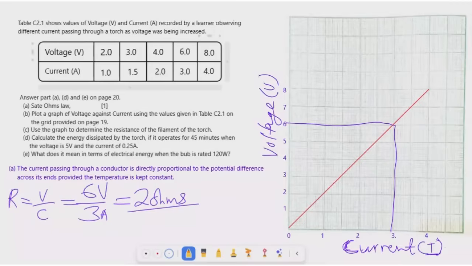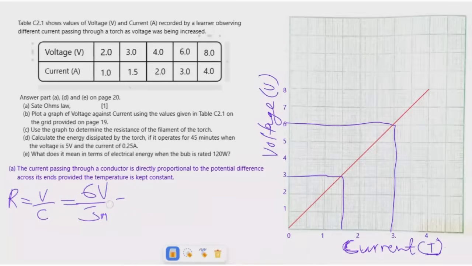In case you're asking, what if we use 3 volts? Where the line is at 3 volts, it's in the middle of 1 and 2, so the current is 1.5. Using the same formula, the voltage is 3 and the current is 1.5 amps.